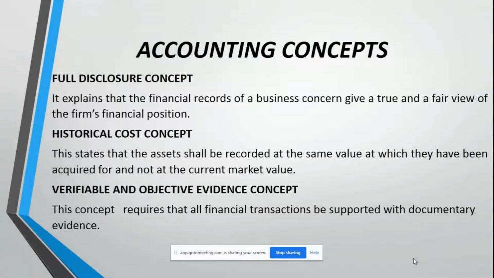So, without any documentary evidence, no transaction would be processed, and that is nothing but verifiable and objective evidence: all financial transactions must be supported with documentary evidence. Without that, there is no proof that this particular transaction has taken place. Right?